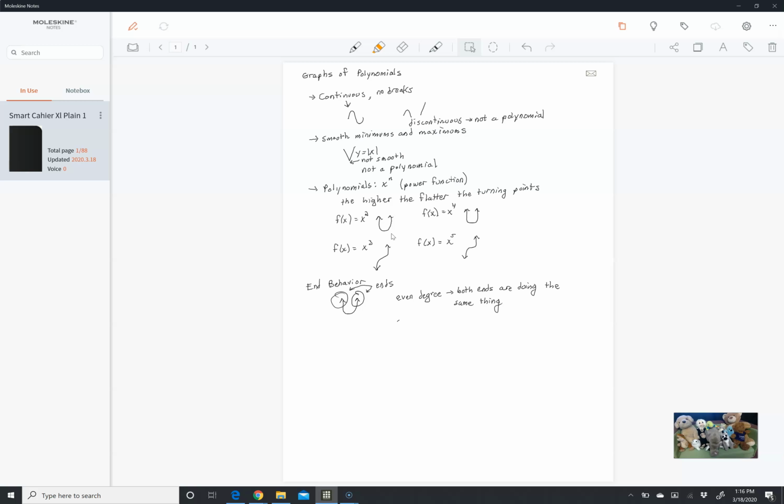Whereas an odd degree says both ends are doing different or opposite things.